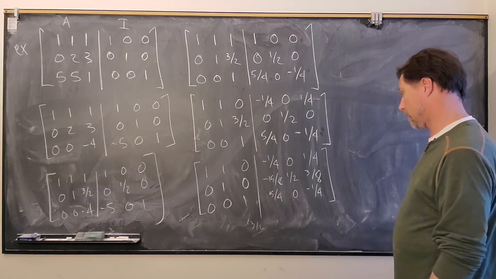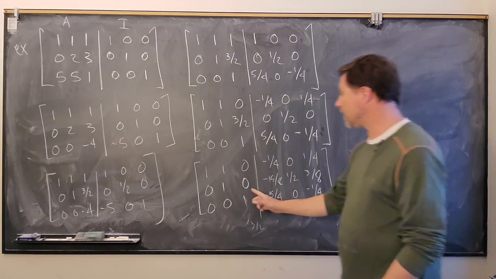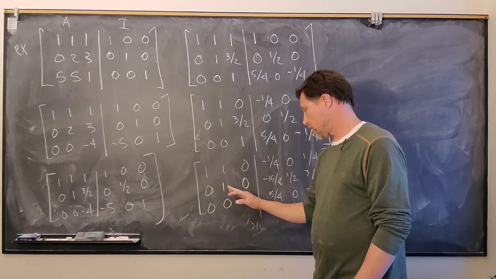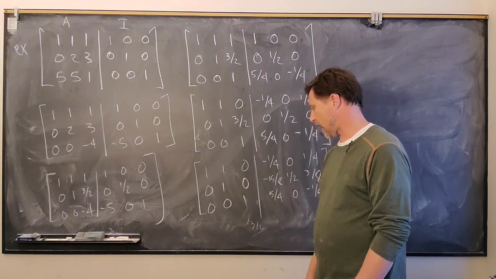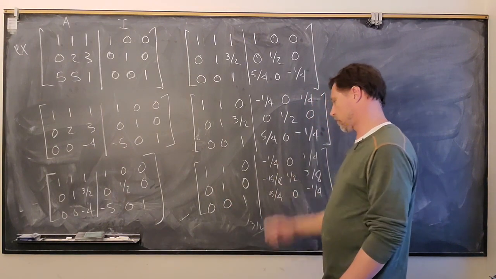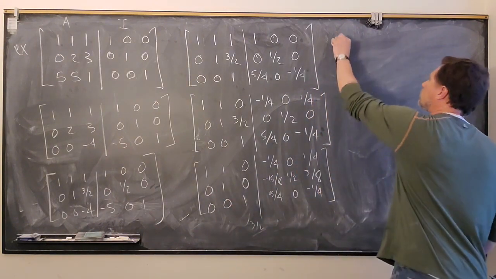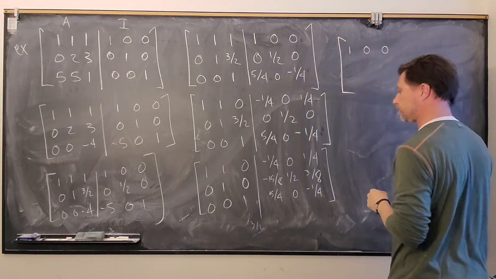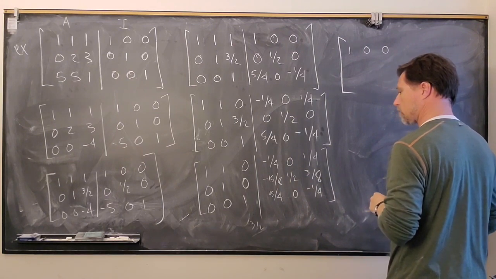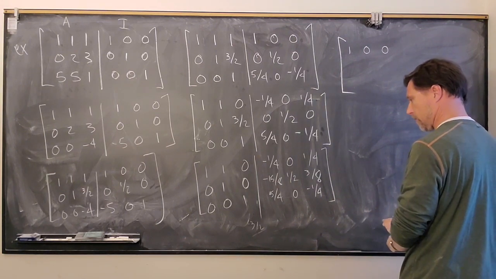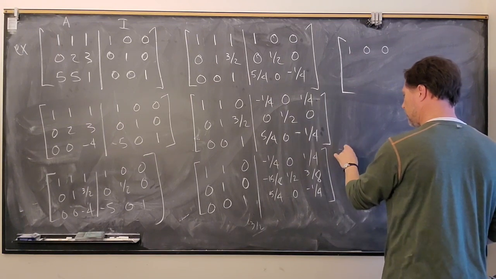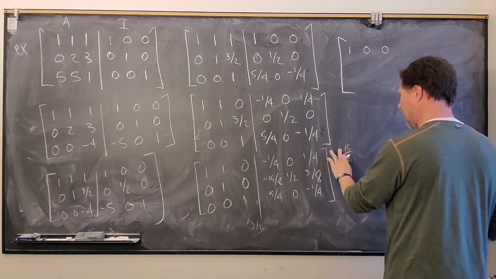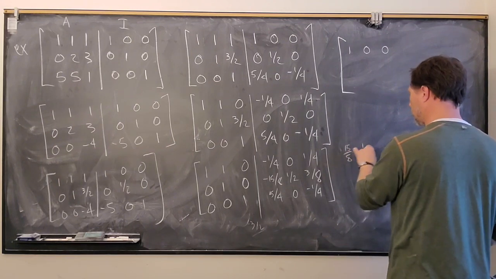Okay, last step. So I've got zeros above this leading one. Now I need a 0 above that leading one right there. So I need to subtract row 2 from row 1. So we'll get 1, 0, 0. I'm subtracting row 2 from row 1, which means I need -15/8. I'm subtracting it, so I'm actually adding 15/8 to -1/4.